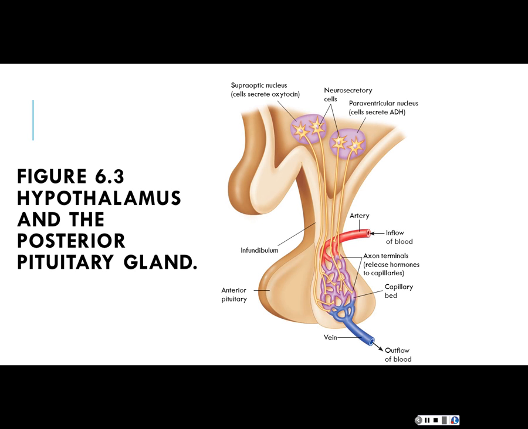What type of control does the hypothalamus have over the posterior pituitary? What type of control is that? It's not trophic. What were our three options? Neural, humoral, trophic.